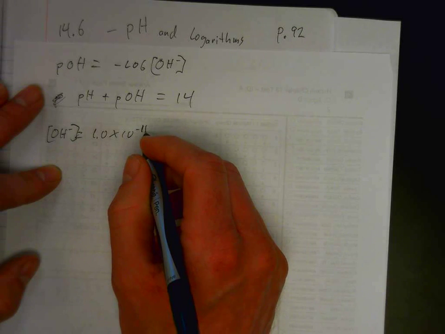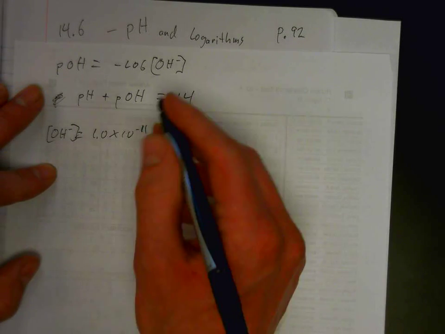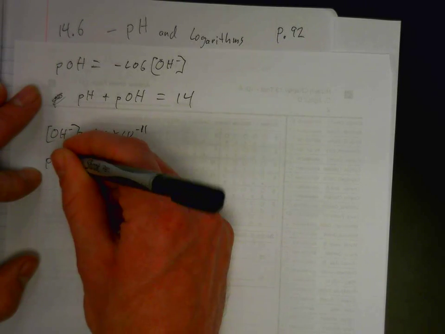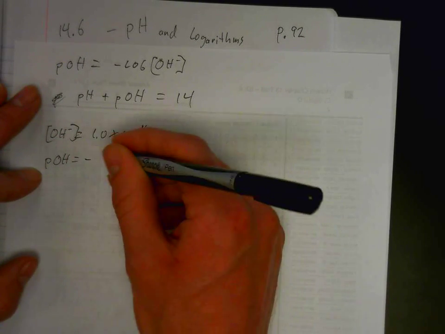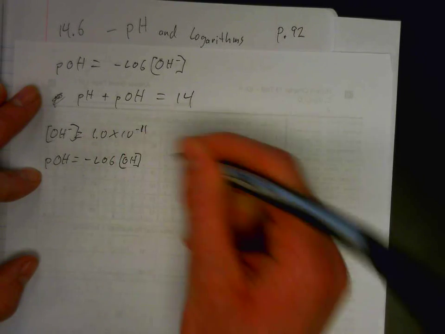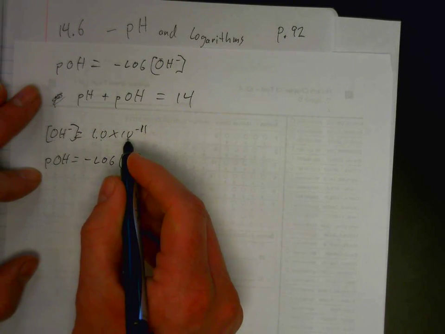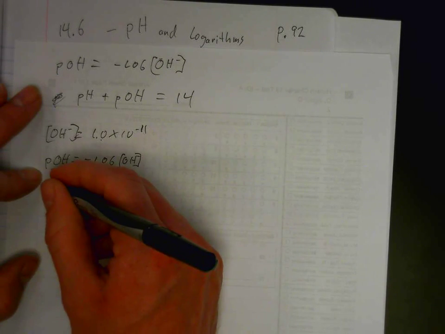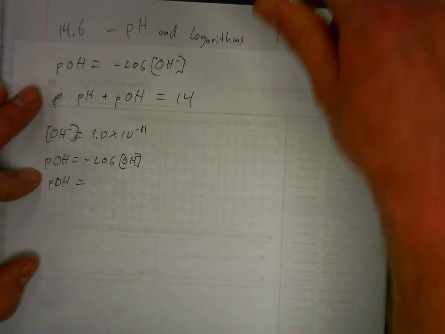The pOH, since it's the negative log of the hydroxide ion concentration, this is a 1 and we have a 10 raised to a power of negative 11. We can simply say the pOH is this exponent made positive. pOH is 11.